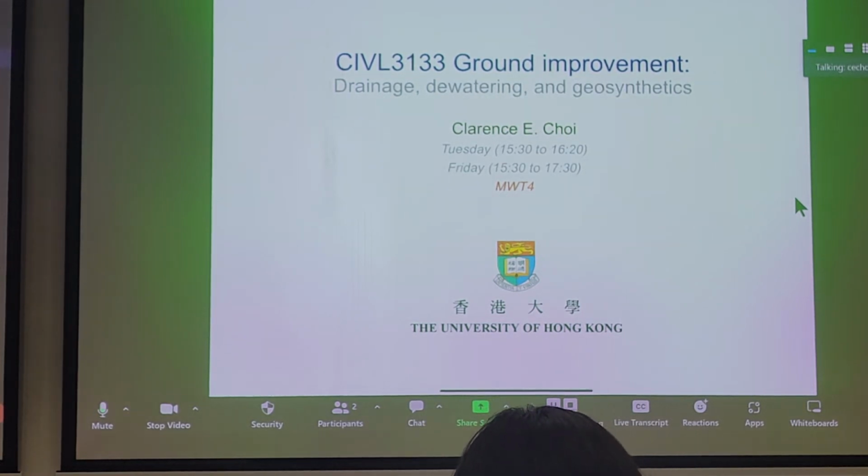In fact, some of the first things you encounter as a young geotechnical engineer when you go on site is a pumping test or dewatering, because a lot of our infrastructure is actually constructed really close to the ocean, and we're finding ourselves constantly fighting against the ocean to try to suppress the groundwater level so we can carry on construction. Now, you might be thinking, why is this related to ground improvement?